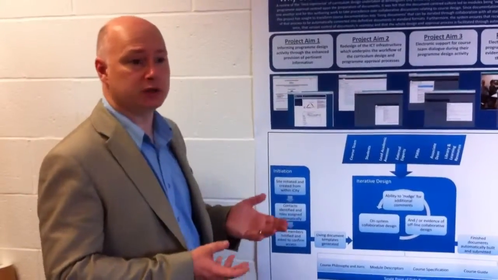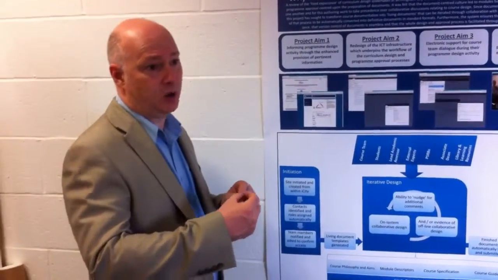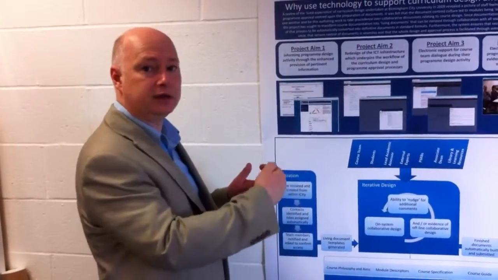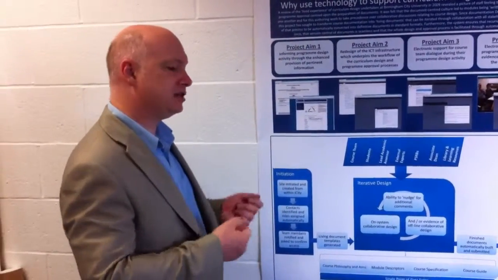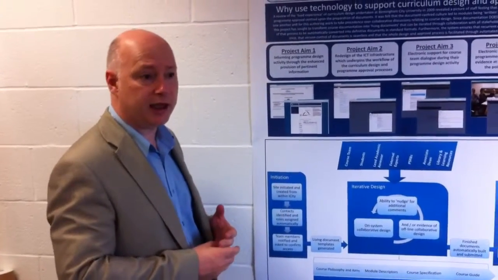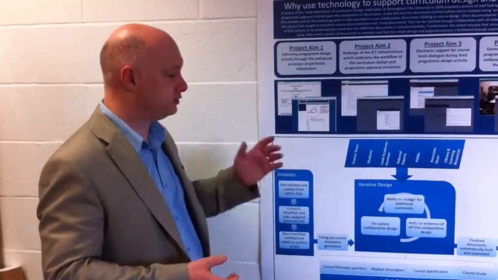Each of the modules within the program is allocated to a specific individual, and only they can actually author the words that go onto the web form that will eventually form the module template. But the system is designed to be very transparent to all of their peers within the program development team, and there are parallel discussions and the ability to append files and so forth.